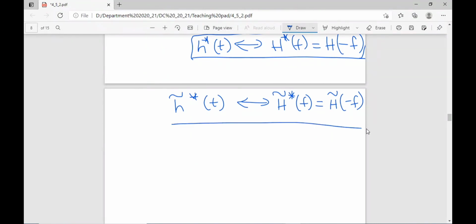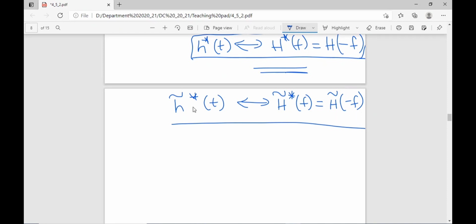I've used the same property only. Instead of h, I have h tilde here. H star of t, its Fourier transform will be H star of f, which I can write as H of minus f. In the same way, h tilde star of t will be h tilde star of f, which can be represented in terms of h tilde of f as h tilde of minus f.